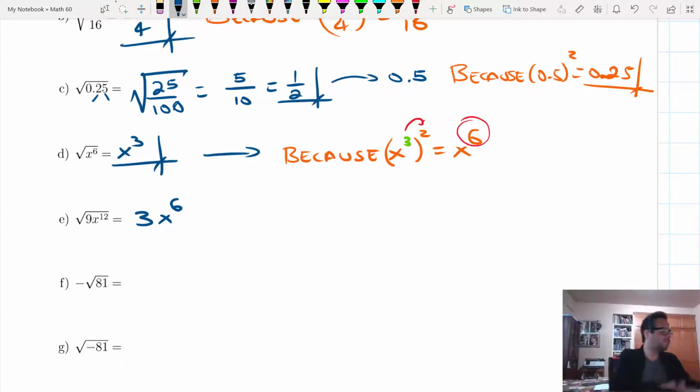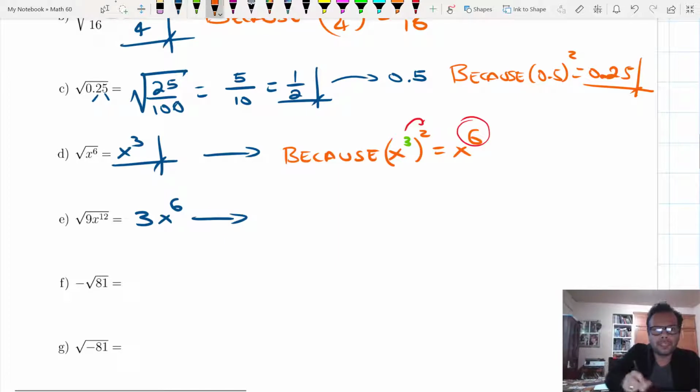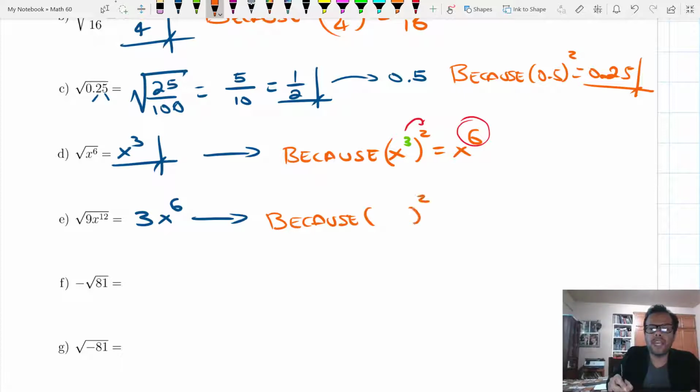Why is that? Well, because what quantity squared equals 9x to the 12th power? All right. Okay, the quantity 3x to the 6th power.